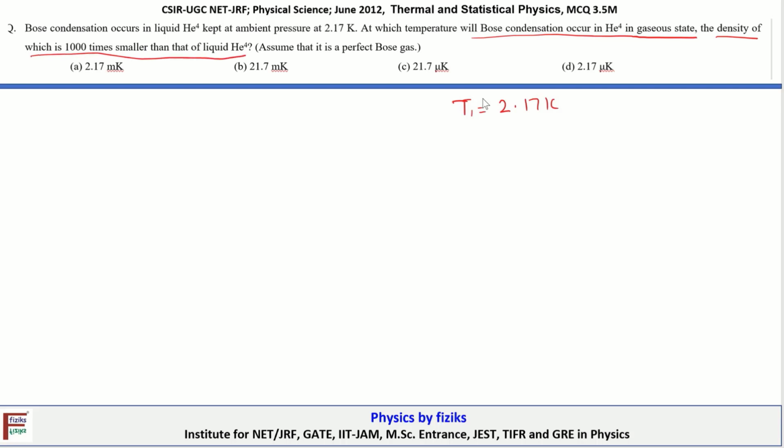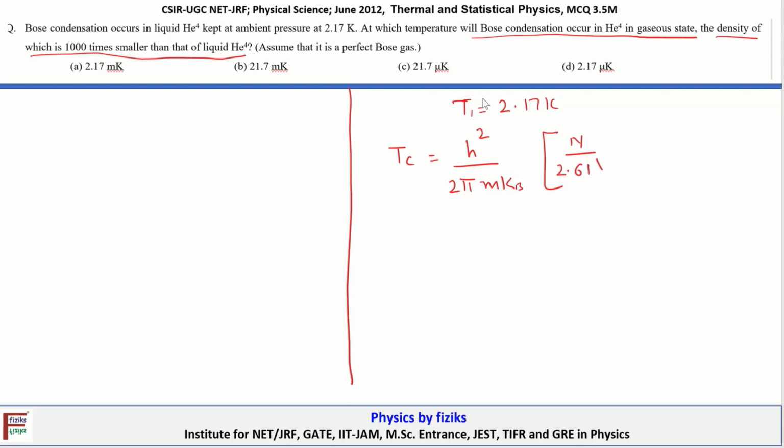Okay, so first of all we should know the exact expression for the critical temperature and how it's connected with the number density. The expression is: the critical temperature Tc equals h squared upon 2 pi m kB, where kB is the Boltzmann constant, and then inside the bracket n divided by 2.61, to the power 2/3.